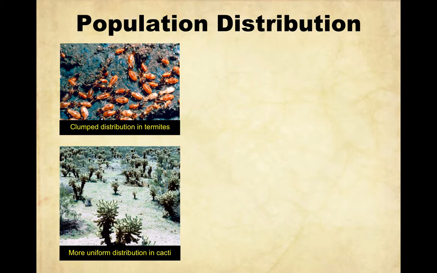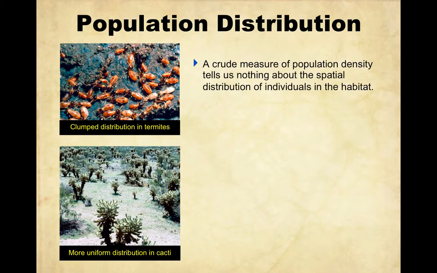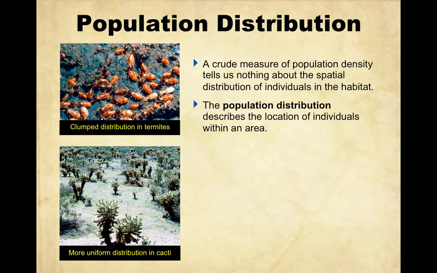When we're talking about population distribution, it's a very crude measure of population density, and it tells us nothing about how they're spaced in that habitat. It basically describes the location of individuals within an area.